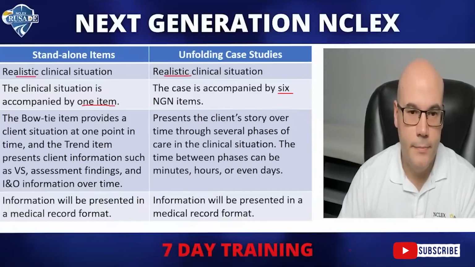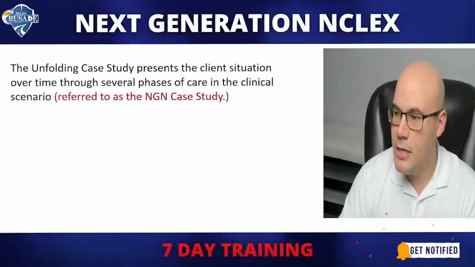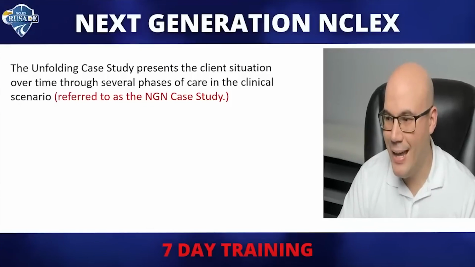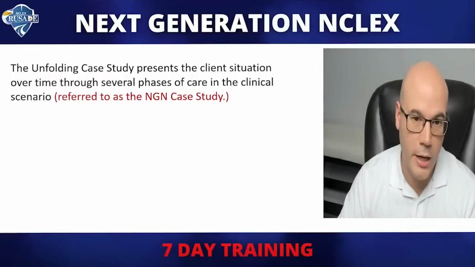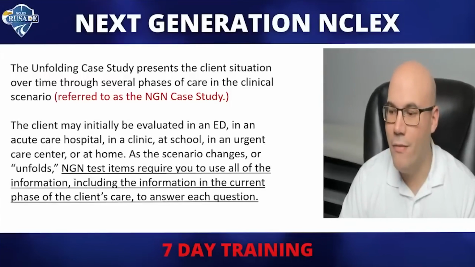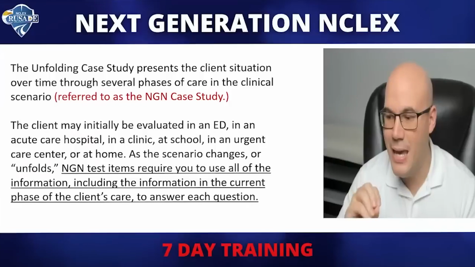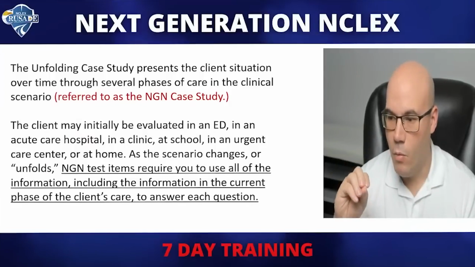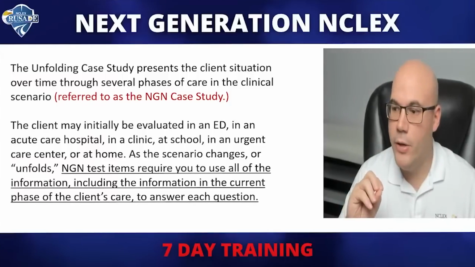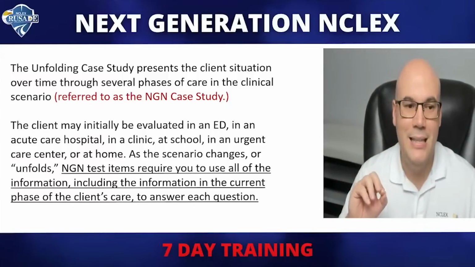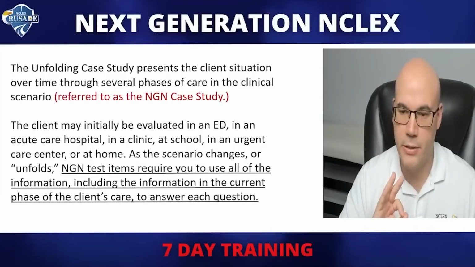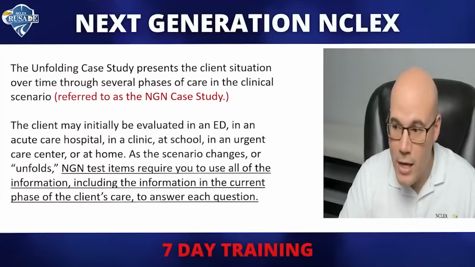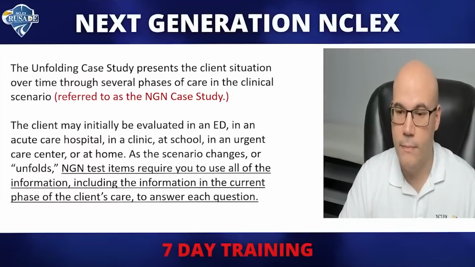All right. The unfolding case study, also known as the Next Generation case study, will describe very specific keywords that you need to identify. One of the main keywords that they will give you in this type of question is the location of the patient. Now more than ever, location is critical.